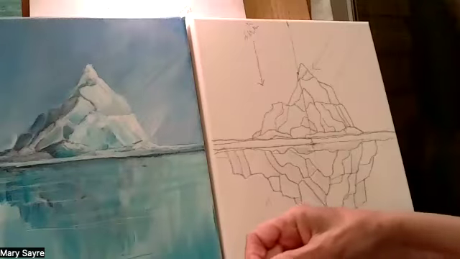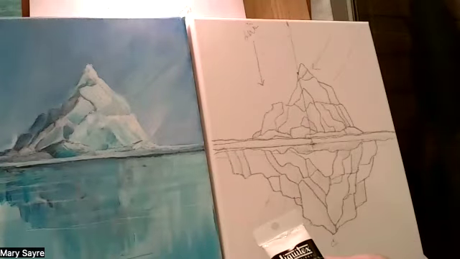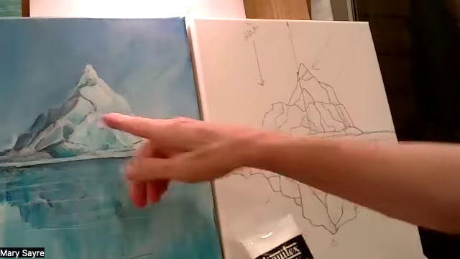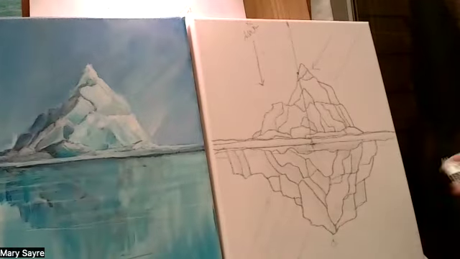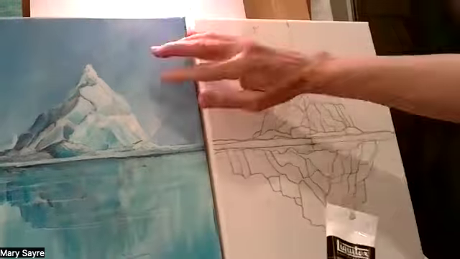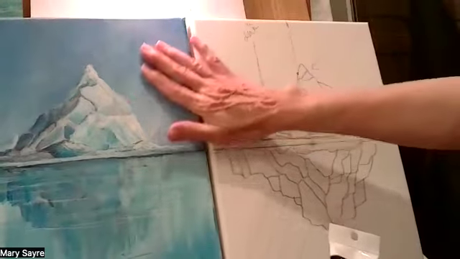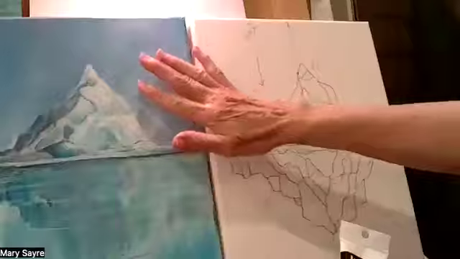Today we're also going to be using the Payne's Gray and the violet, which we're going to lay into some of our shadows, and our cadmium yellow at the end. We'll mix that with some white, and we'll hit our highlights and the places where we want to show warmth.